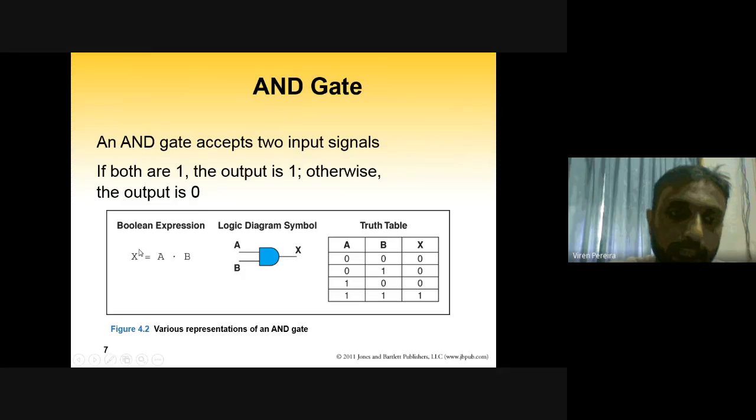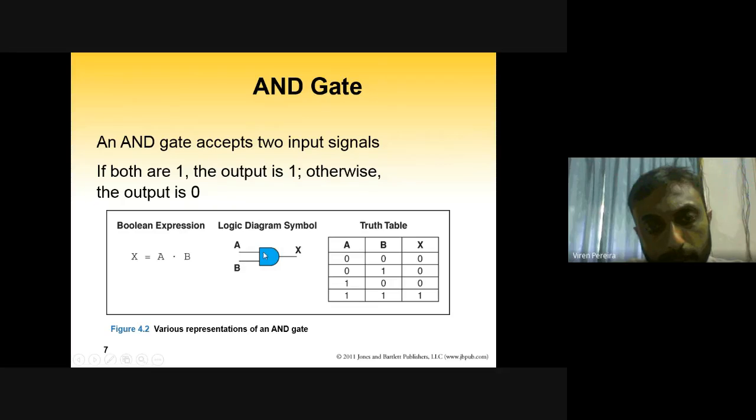So the Boolean expression is X equals A into B. X is the output, you could even name it as Y. This dot represents your multiplication operator.